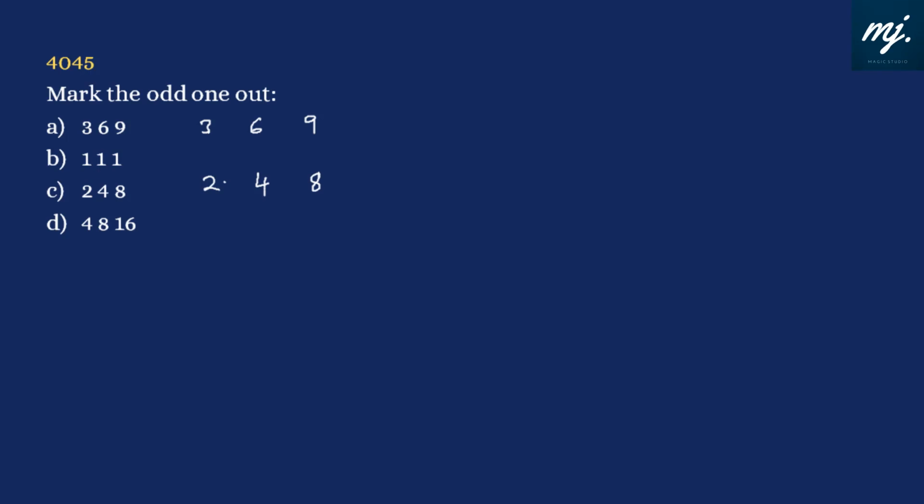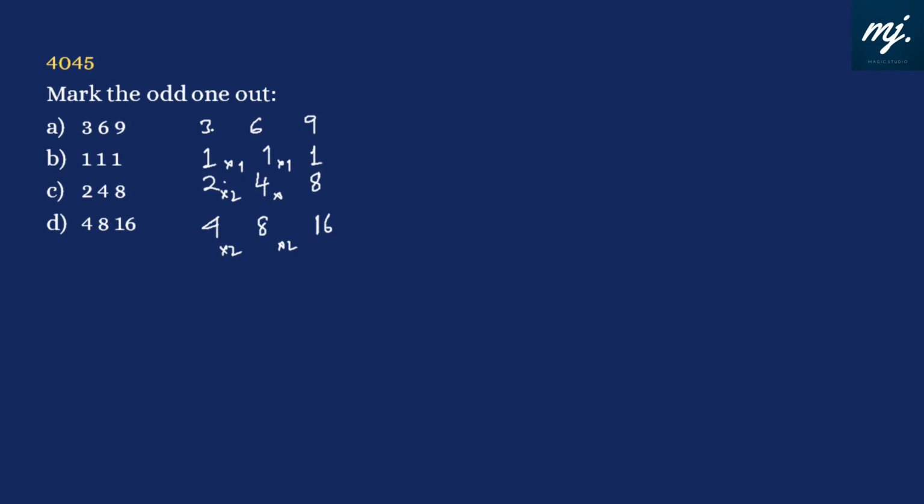It is multiplicative somewhere. 4, 8, 16: 4 into 2 is 8, into 2 is 16. 2 into 2 is 4, 4 into 2 is 8. 1, 1, 1: 1 into 1 is 1 and 1 into 1 is 1. Okay, they are all multiplied by a fixed number.